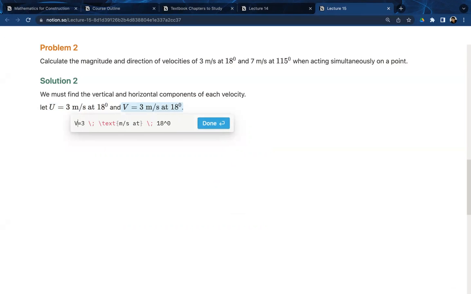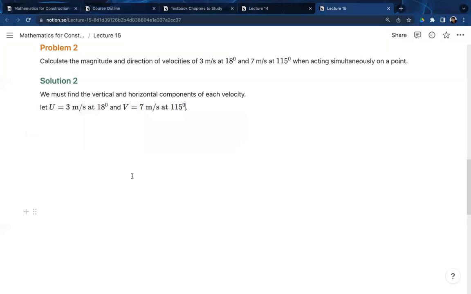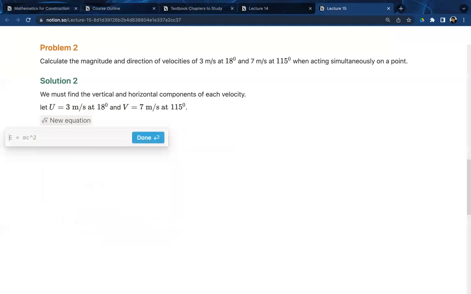So we call this V. V is the 7 at 115. Okay, so U and V. So we find the components of U and V. So we'll say U. Let's do the vertical ones first, right?